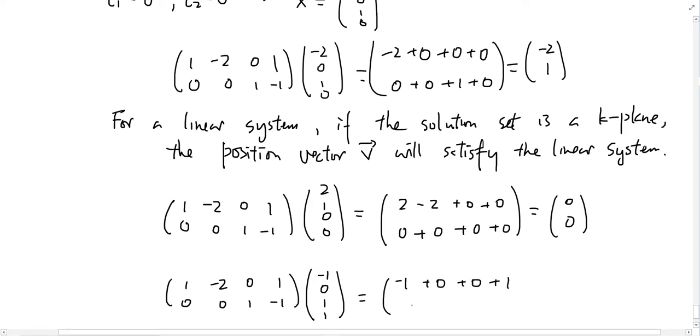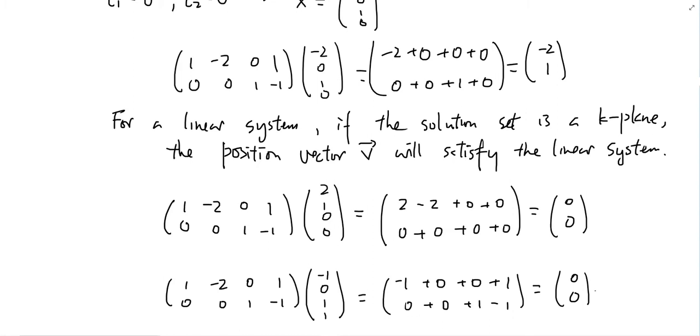On the bottom, 0 plus 0 plus 1 plus negative 1, or minus 1. And that comes out to be (0, 0) also. If I only saw it once, I could say it may be just a coincidence, but now it happened for both direction vectors. Is that always the case? As a matter of fact, it is.